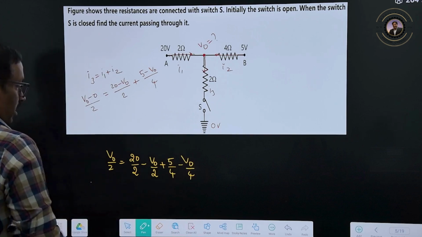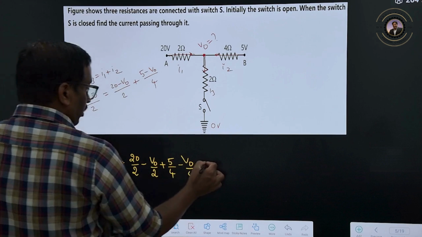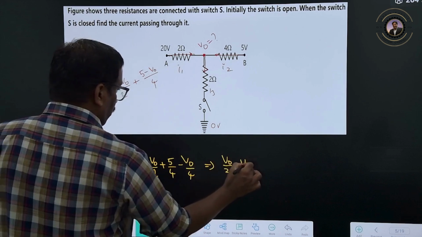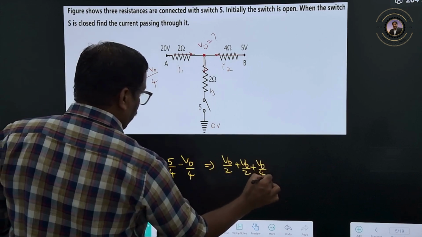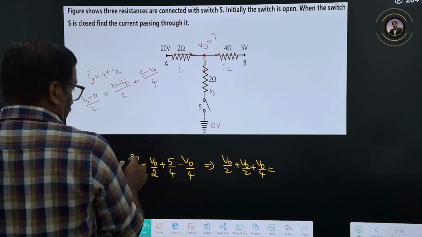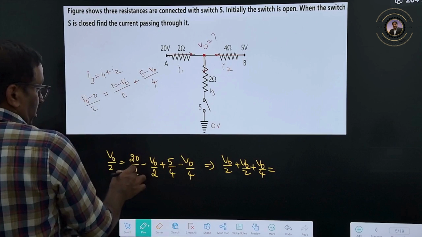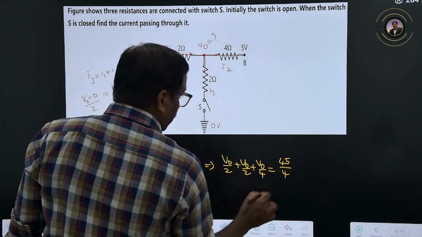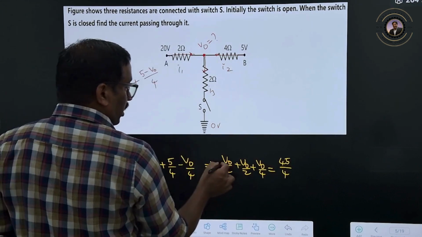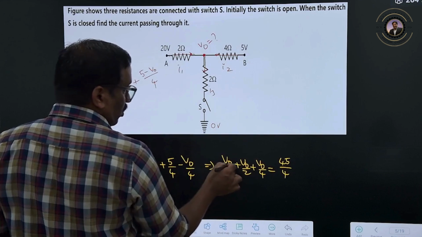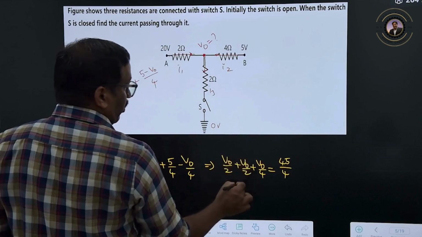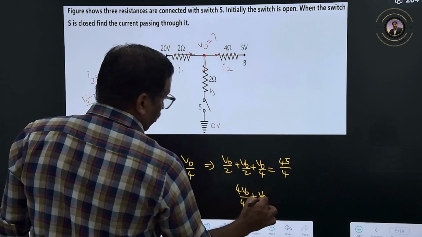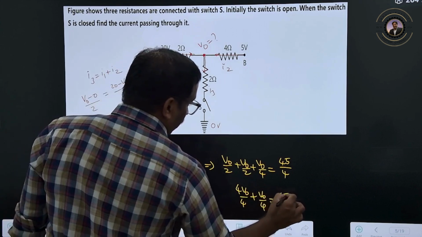So how much can I write now? This all I can take here. This implies V0 by 2 plus V0 by 2 plus V0 by 4 will be equal to, multiplying with 2, 40 divided by 4, so 45 by 4, clear? So here 4 V0 by 4 plus V0 by 4 is equal to 45 by 4.